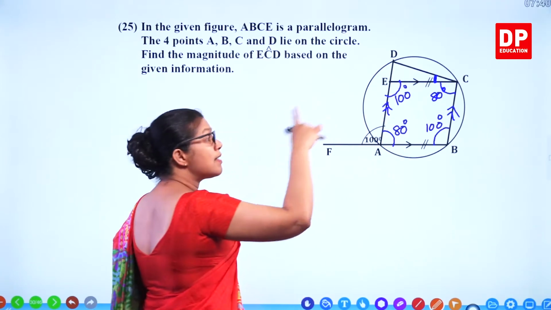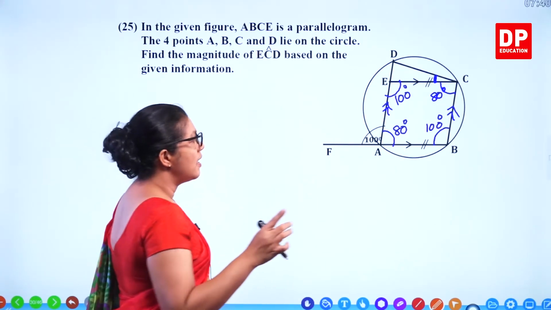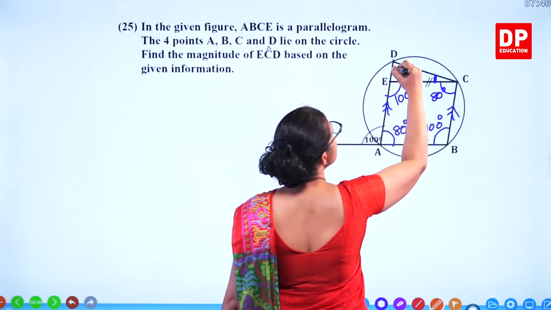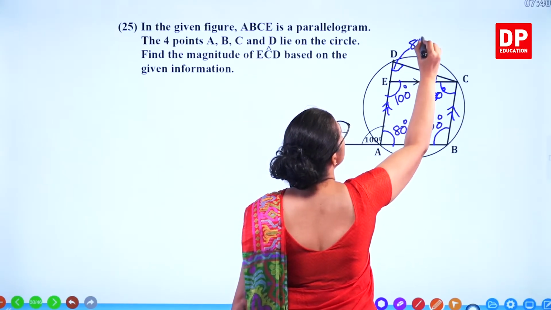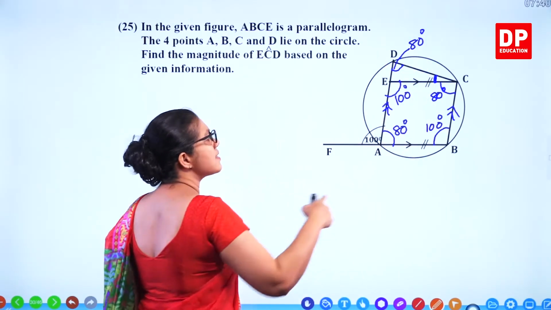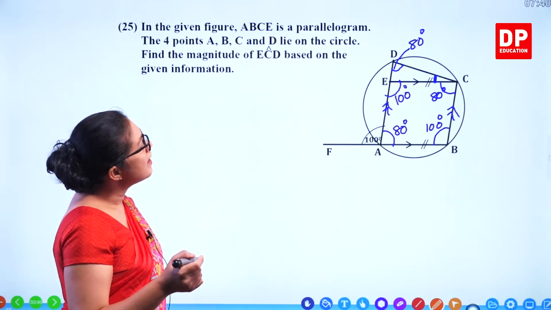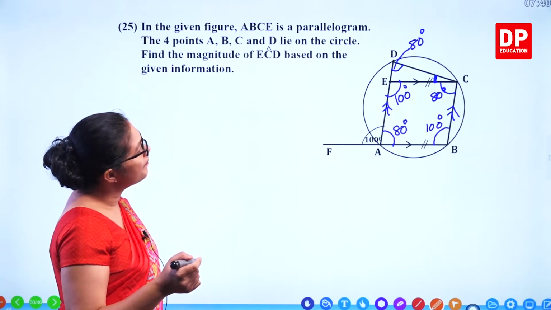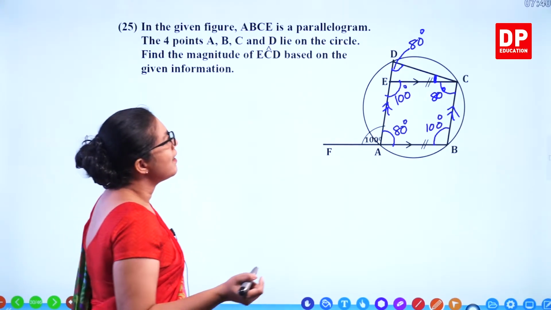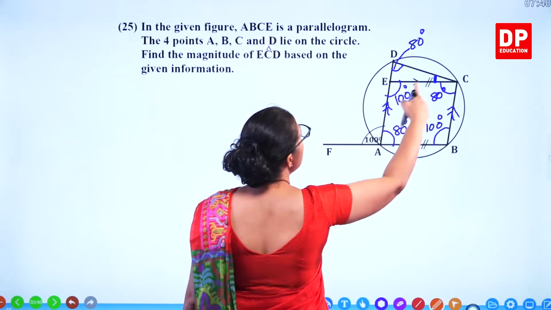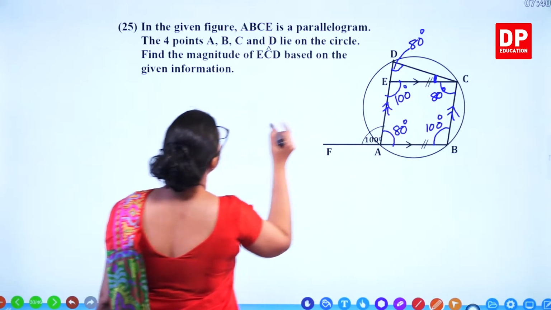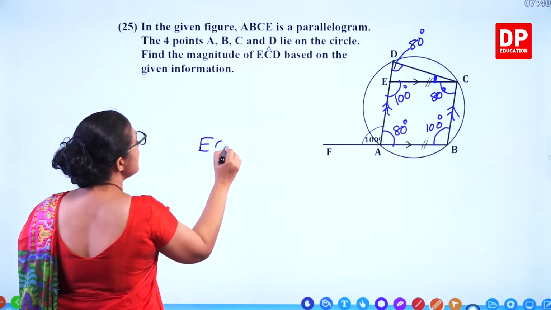Then ABCD is also a cyclic quadrilateral. If this is 100, this is 80, because the sum of opposite angles in a cyclic quadrilateral is 180. Now you can easily find this angle DCE or ECD.